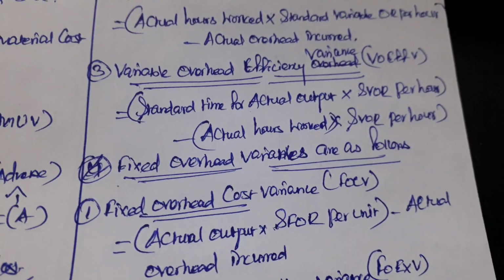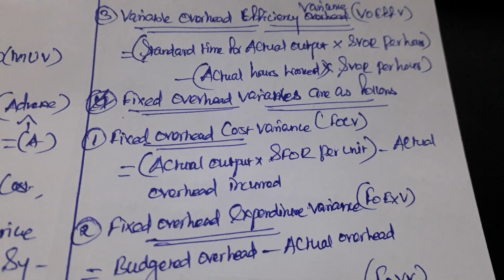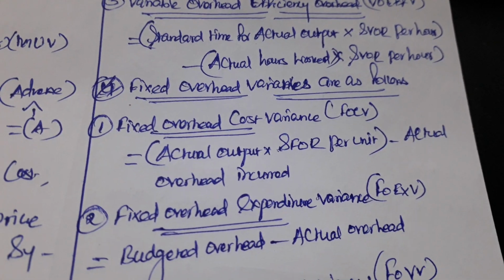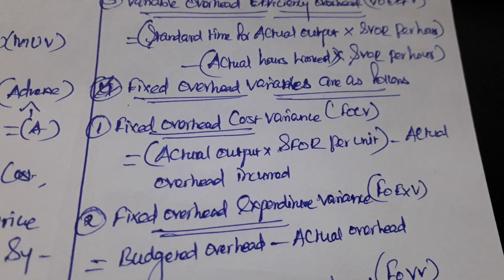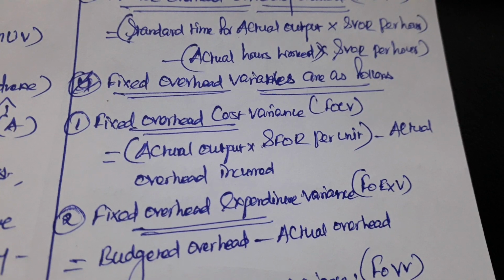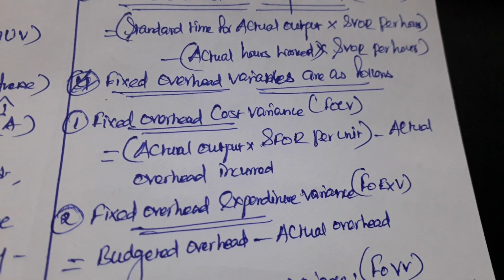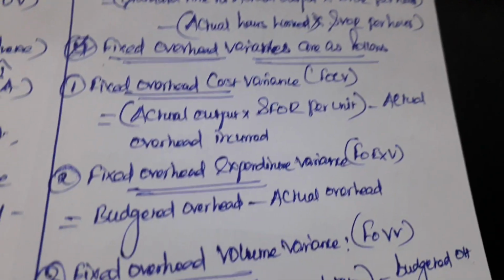Then moving forward to the fixed overhead variances. It has five types. The first one is the fixed overhead cost variance: actual output into standard fixed overhead rate per unit minus actual overhead incurred.